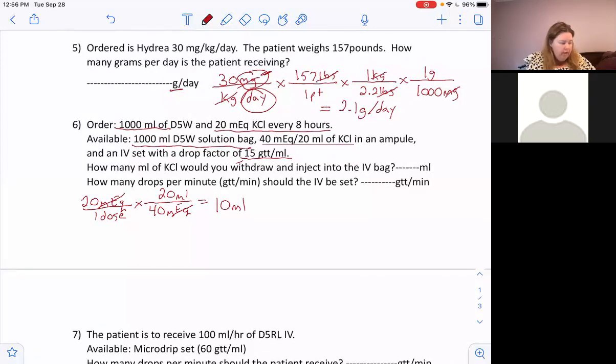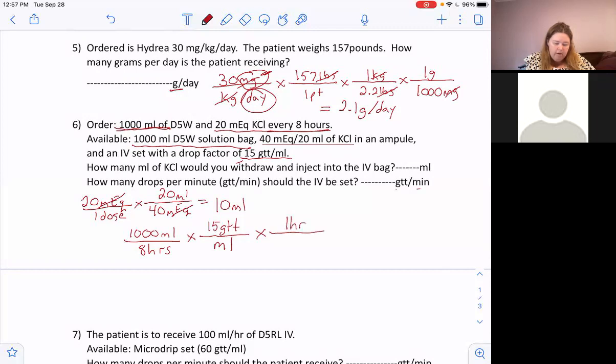So we're going to start with the order, which is 1,000 milliliters every 8 hours. So we're going to do 1,000 milliliters over 8 hours times 15 drops per milliliter. And we want to know per minute, so we need to convert our hours to minutes.